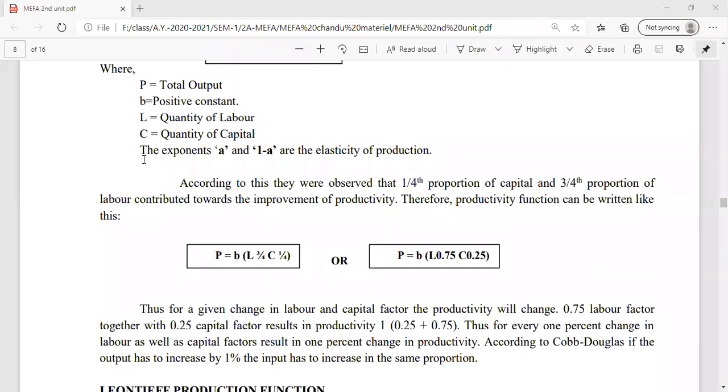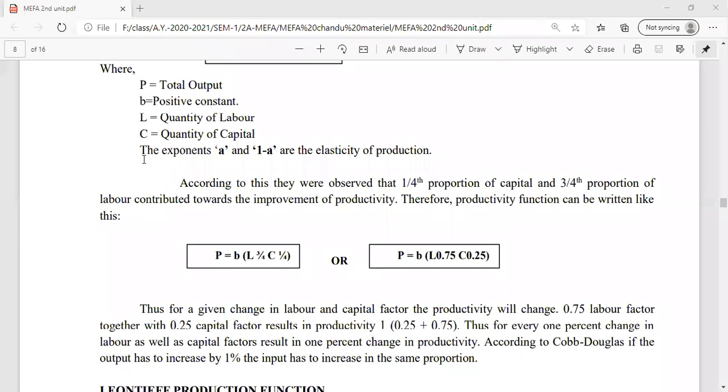Previously when I kept 10,000 rupees as my capital, I kept my labor as 3, and I produced 50 bags of paddy. Now I have doubled my capital, so instead of 10,000 rupees I am using 20,000 rupees, and I once again doubled my labor, that is now 6 units.